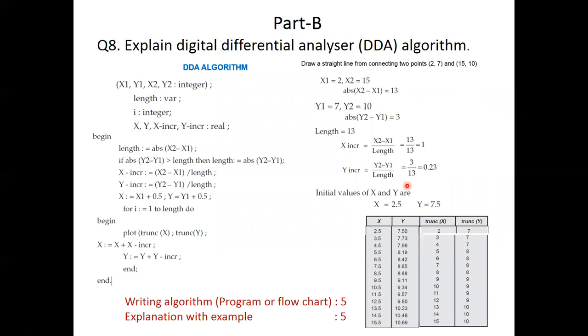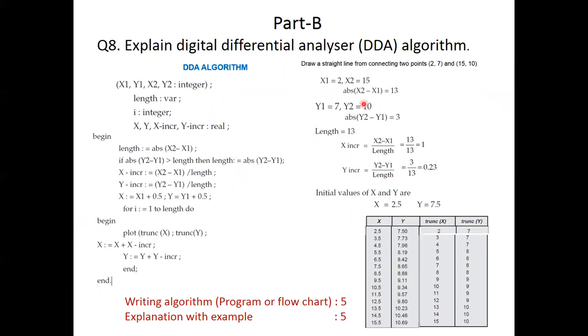Question number 8: you are supposed to answer either 8 or 9. It's an either-or type. In the eighth question, you are supposed to explain the DDA algorithm. Writing this algorithm, as a program or flowchart, carries 5 marks.